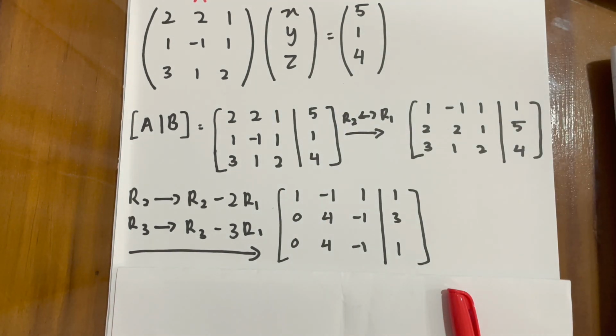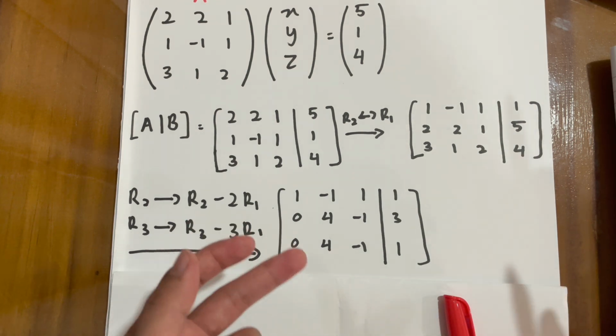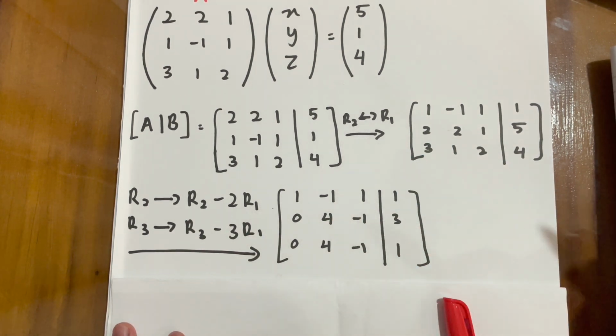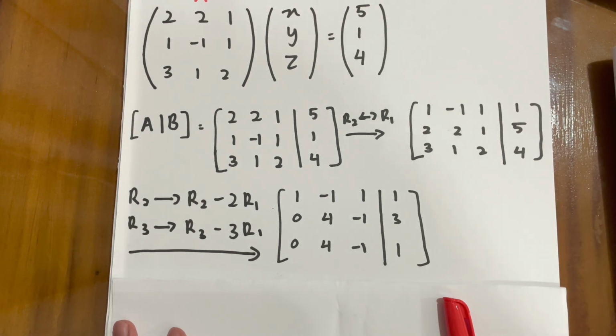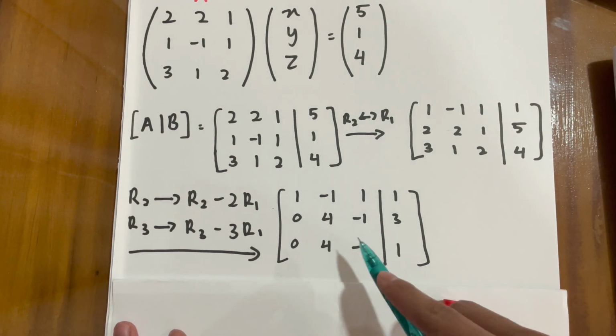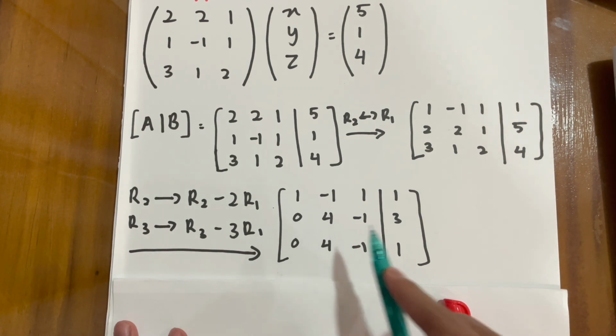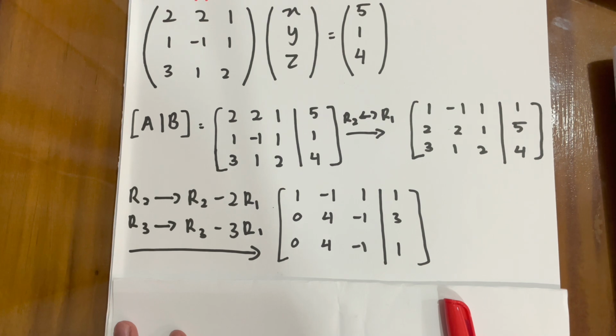Okay, but this form is still not echelon form. So what you still have to do is make this element become 0 also. So how do you want to do it?